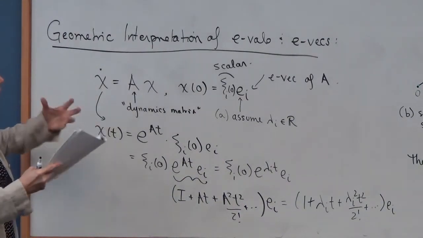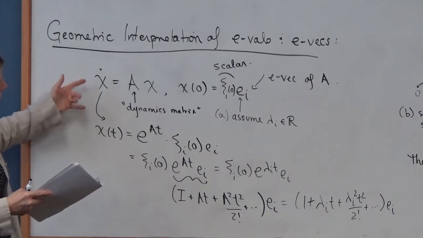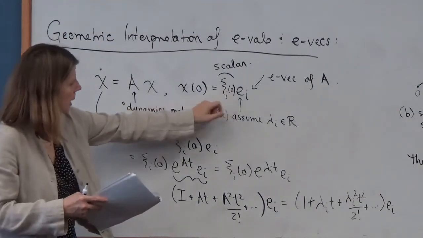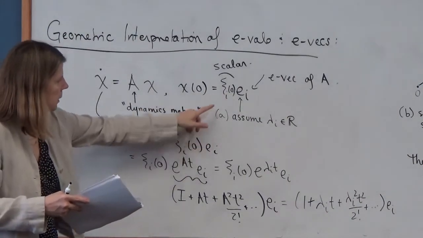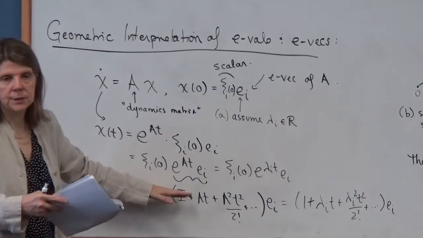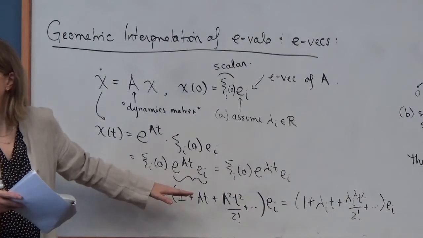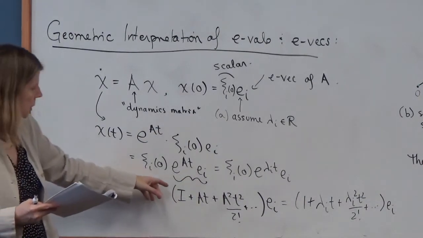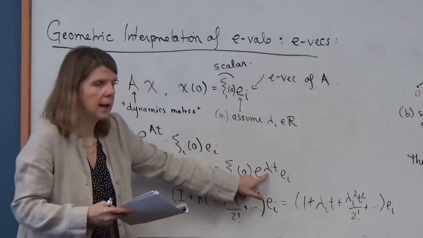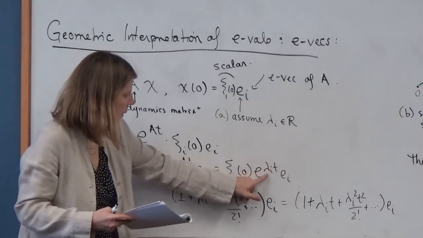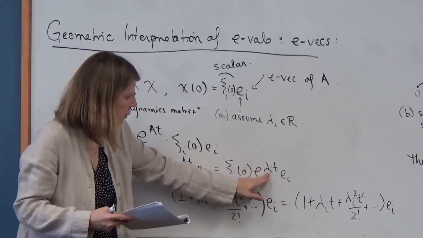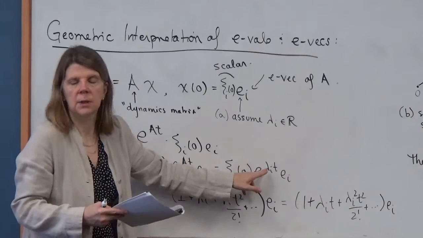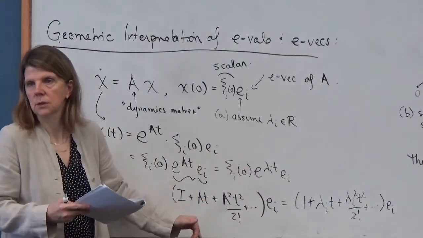We did a bit of pre-work on case 1, but we also came up with some nice facts: if we start on an eigenvector, if the eigenvalue is real and the eigenvector is real, the solution will always stay on that eigenvector. How it evolves on that eigenvector is determined by the eigenvalue. The big difference is that if lambda I is positive, you get a growing exponential. If lambda I is negative, you get a decaying exponential.